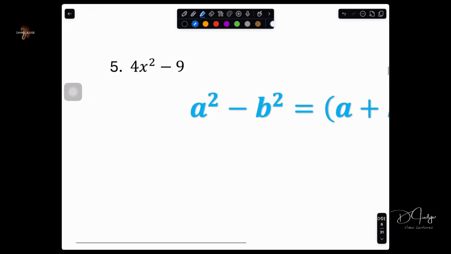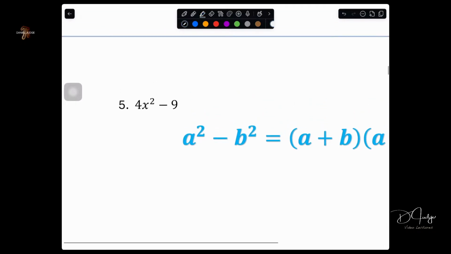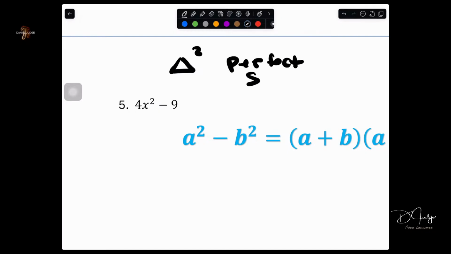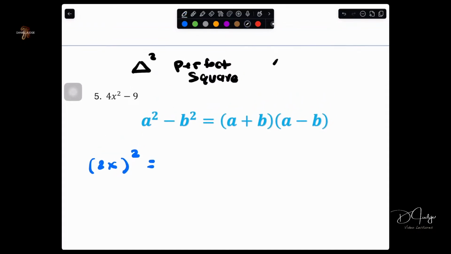Four x squared minus 9. Okay. Now, remember, any base to the second power is a perfect square. Four x squared is 2x to the second power. I want to remind people that this notation is really exponential notation.